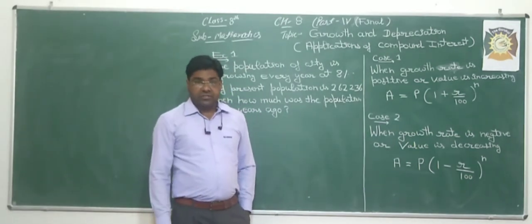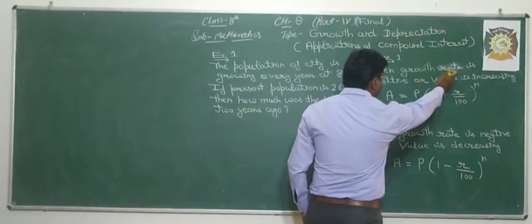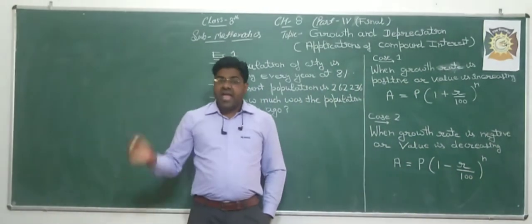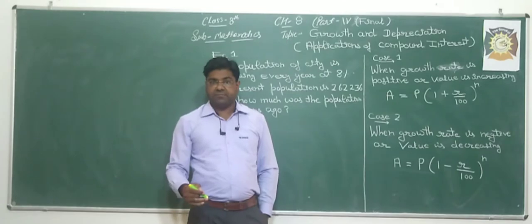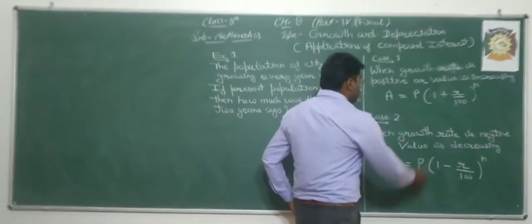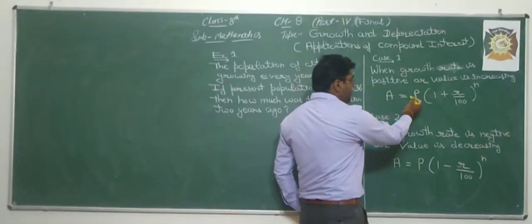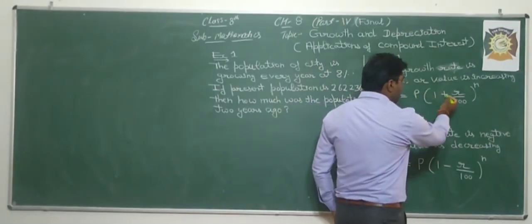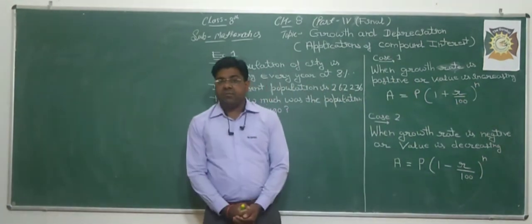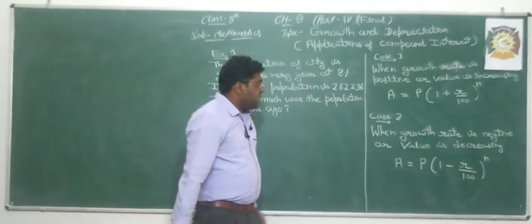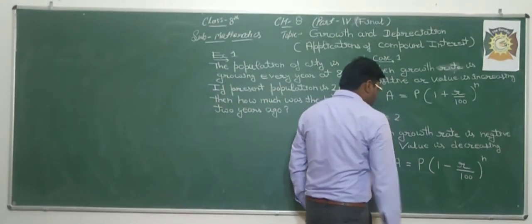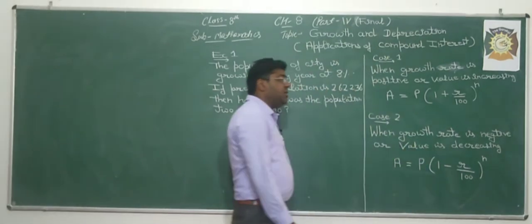First, when the growth rate is positive, or we can say the value of anything is increasing, then we can use this formula: amount is equal to principal into 1 plus rate upon 100 raised to the power n, where n is the time in years. And second case, when the growth rate is negative, or we can say value is decreasing.